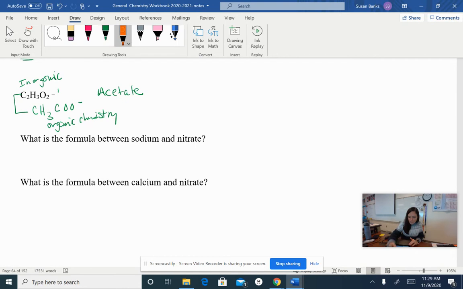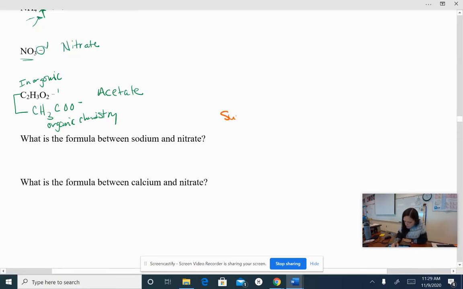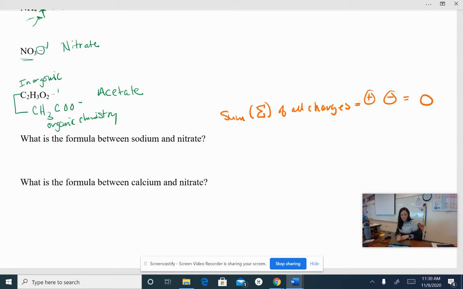Hopefully you remember that when we make ionic compounds, the sum, and when we do sum, we use the Greek letter sigma, of all charges, the sum of all the charges, when we add up all the positives and all the negatives, it's got to equal 0. Okay?